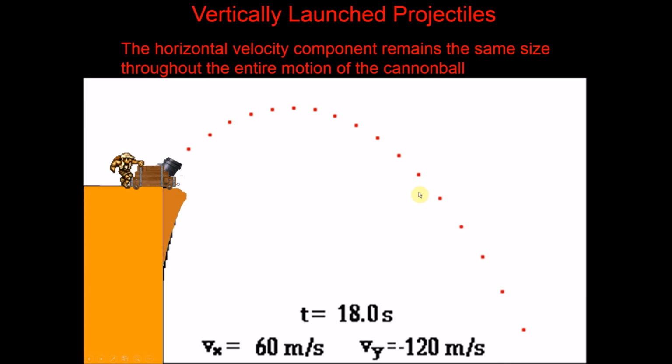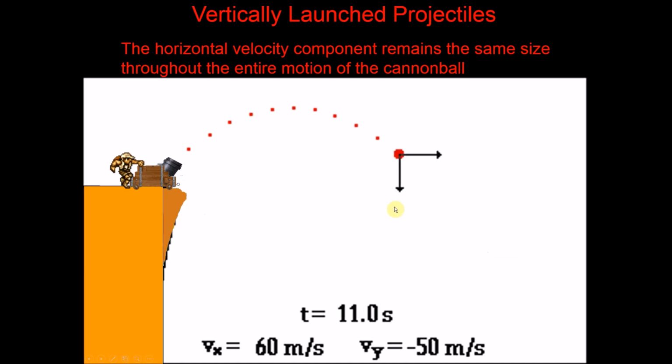Now, a really useful part of this, of course, is when the cannonball reaches ground level again, it will be traveling downwards at the same velocity that it was initially traveling upwards. So its starting and ending velocity at ground level should be the same. And we can see that from this readout here. Here the velocity in the y direction varies, with 60 constant for x.